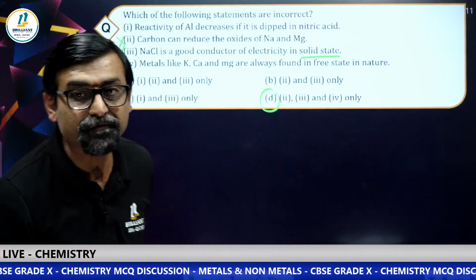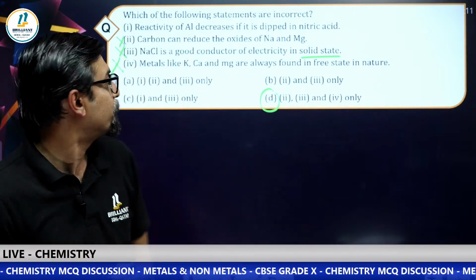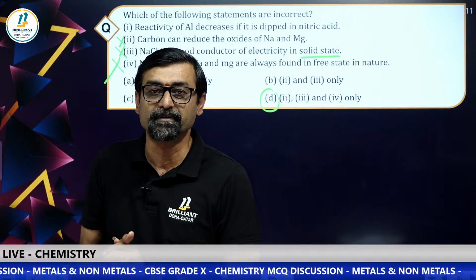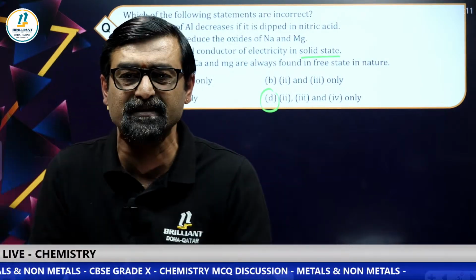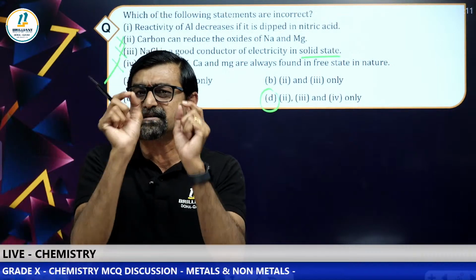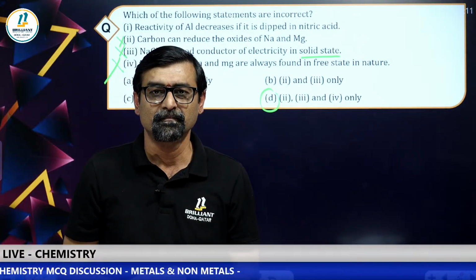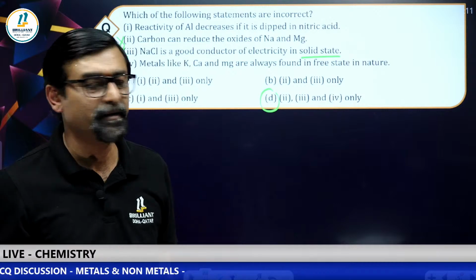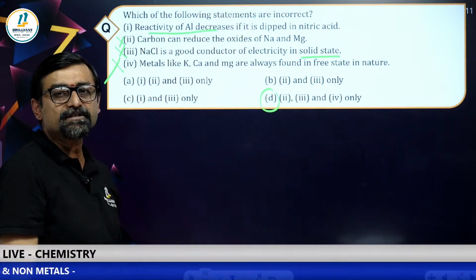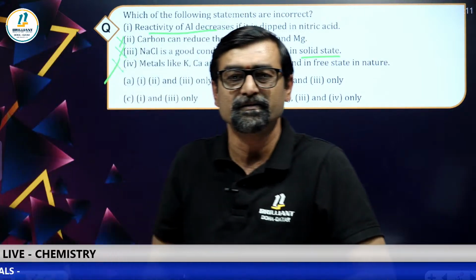So what is the first option left over? Reactivity of aluminum decreases if it is treated or dipped with nitric acid. Is this right or wrong? Some people will be having a doubt. Let me clarify. Aluminum reactivity decreases when it is treated with nitric acid.